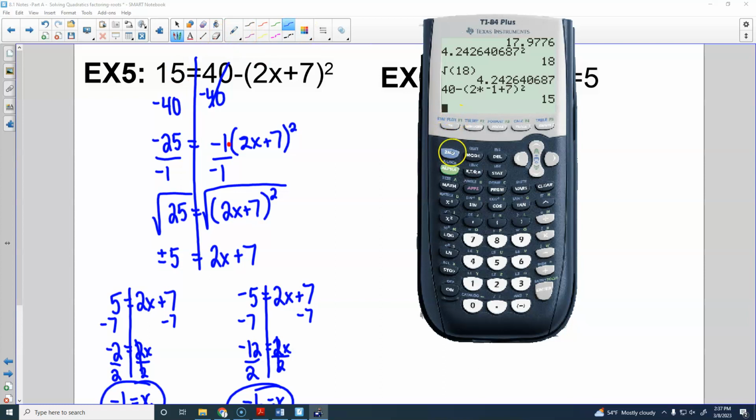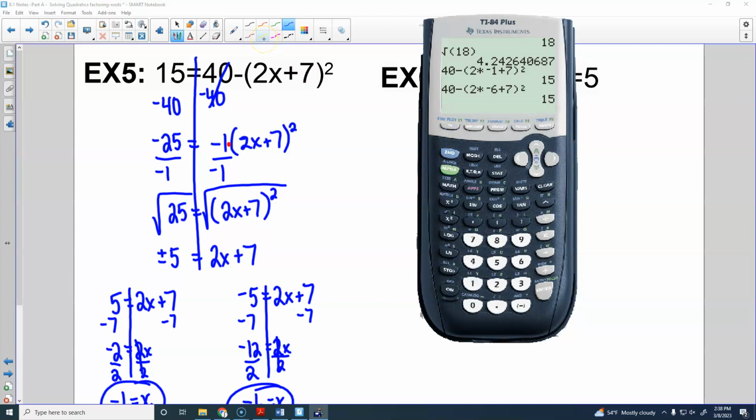And then if I do the same thing, 40 minus 2 times, the other one was negative 6 plus 7 squared, I would get 15. So both of those work.